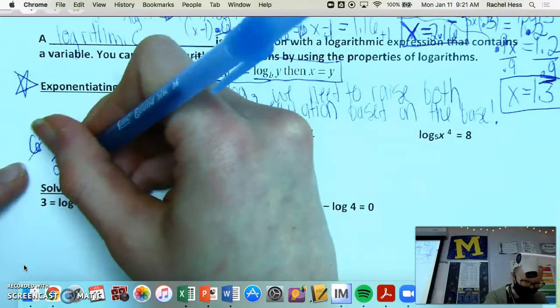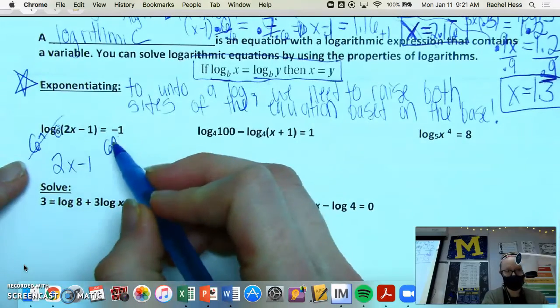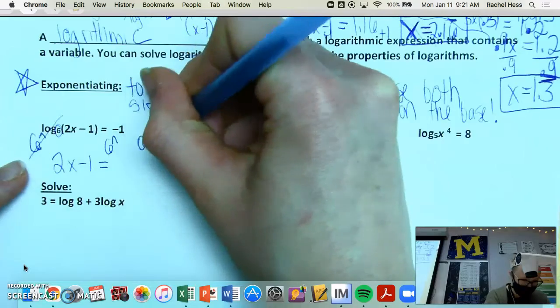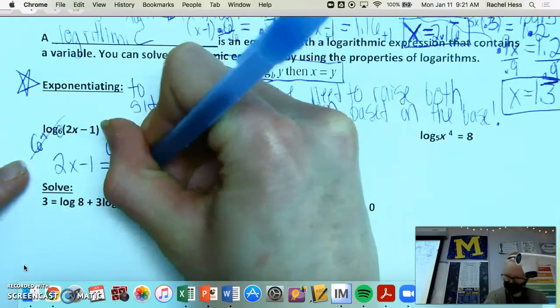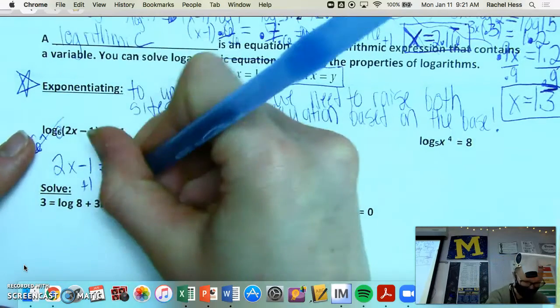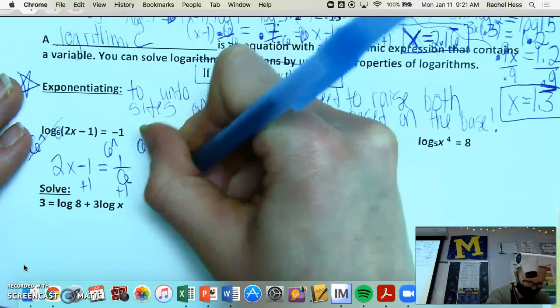But when we do that, we're left with this expression here. And then on this side, 6 to the negative first power, remember that's 1/6. That tells you to flip it, right? And then all you'd have to do is solve for x now, so we're going to add 1. So 2x equals 7 over 6, and then divide by 2.